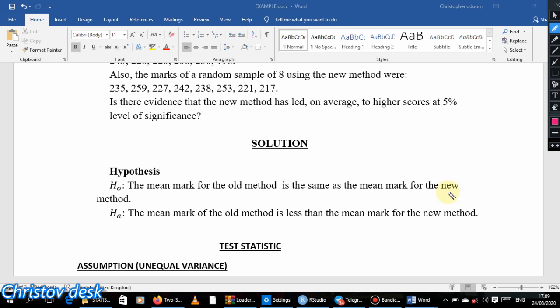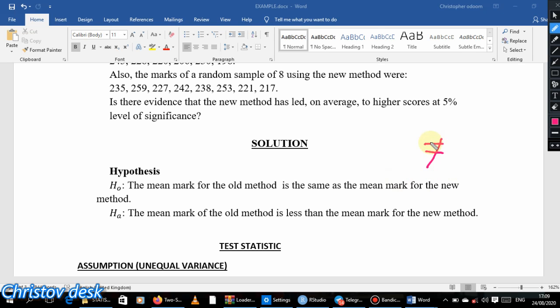If the alternative just shows difference, that the new method is different from the old method, we are using this inequality sign. We are not showing whether the new method is better than the old method or the old method is better than the new method.